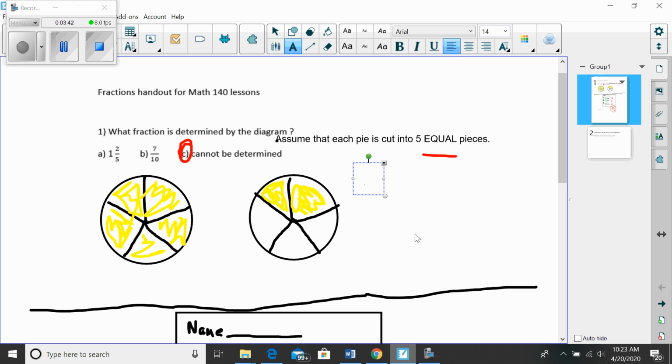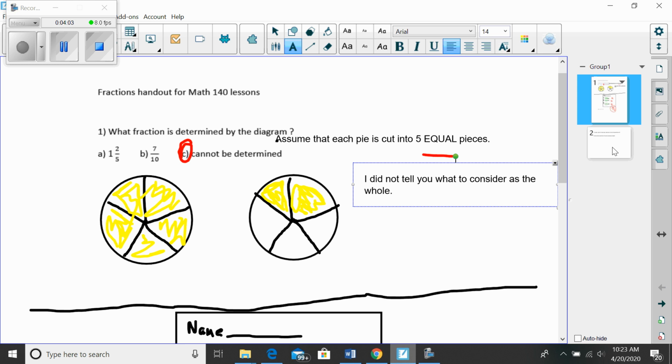But the answer is C, because I did not tell you what to consider as the whole. So it's natural to say a pie is the whole.